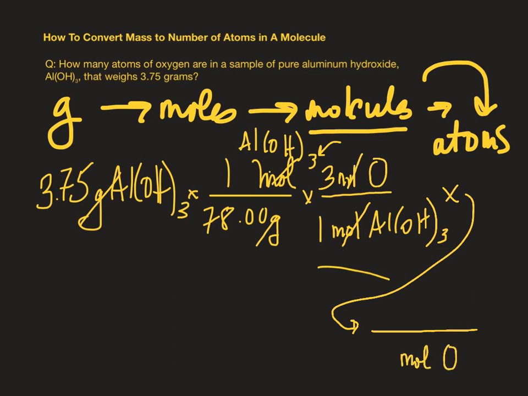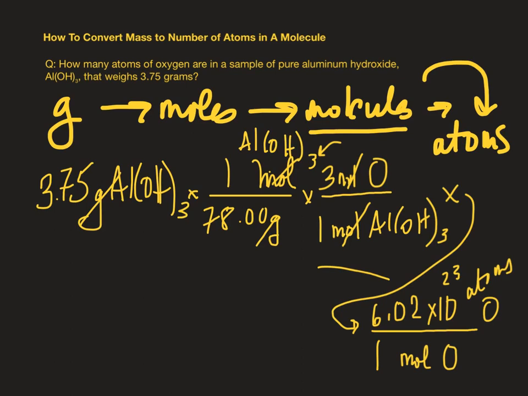And what I want, based on what the problem has asked me, is the number of oxygen atoms. And here's where I fall back to, yeah, that's right, Avogadro's number. Because there are 6.02, or 6.022 if you're going to use 4 sig figs, times 10 to the 23 atoms of oxygen in 1 mole of oxygen atoms.